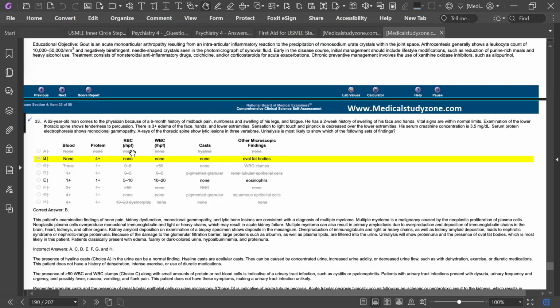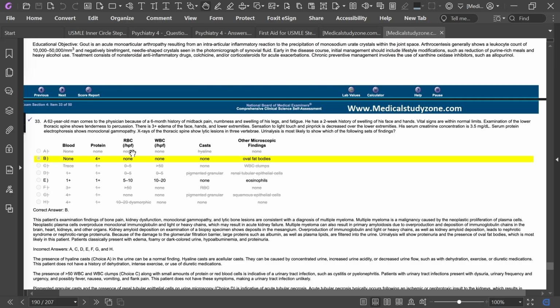Kidney amyloid deposition on examination of a biopsy specimen shows deposits in the mesangium. Overproduction of immunoglobulin light or heavy chains as well as kidney amyloid deposition leads to nephrotic syndrome or nephrotic range proteinuria because of damage to the glomerular filtration barrier.